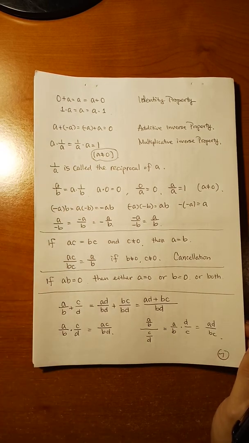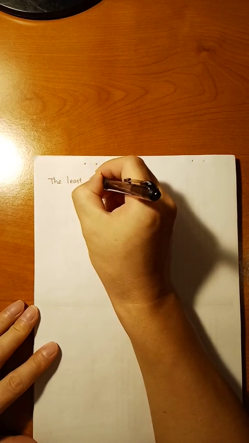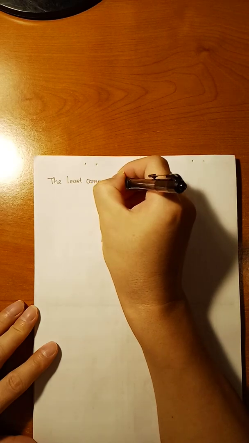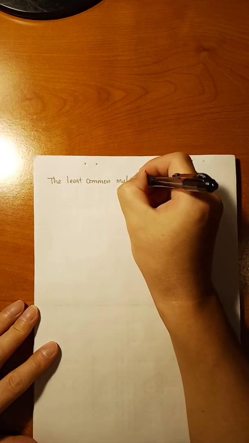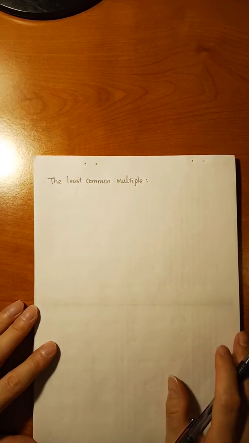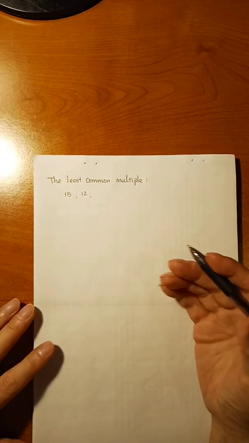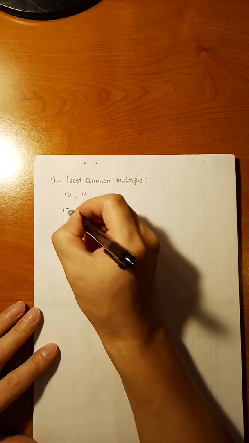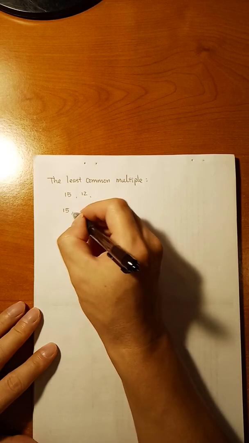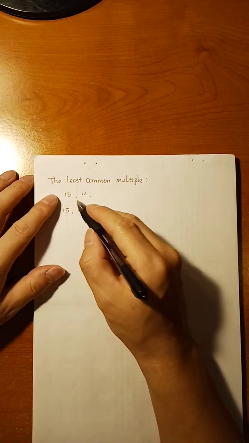And the other one is called the least common multiple. For example, when we talk about 15 and 12, what is a multiple? The multiples of 15: you have 15 times 2, 30, times 3, 45. They are all multiples of 15.